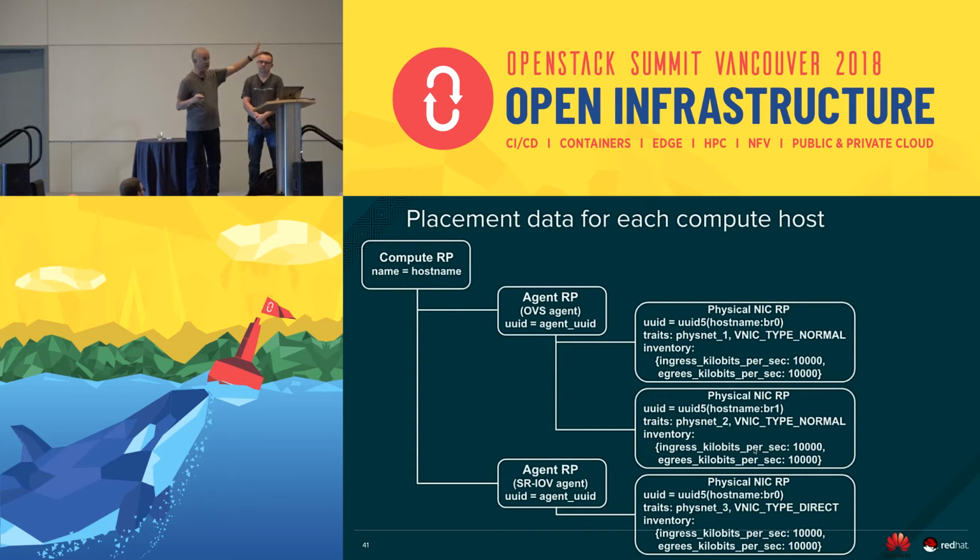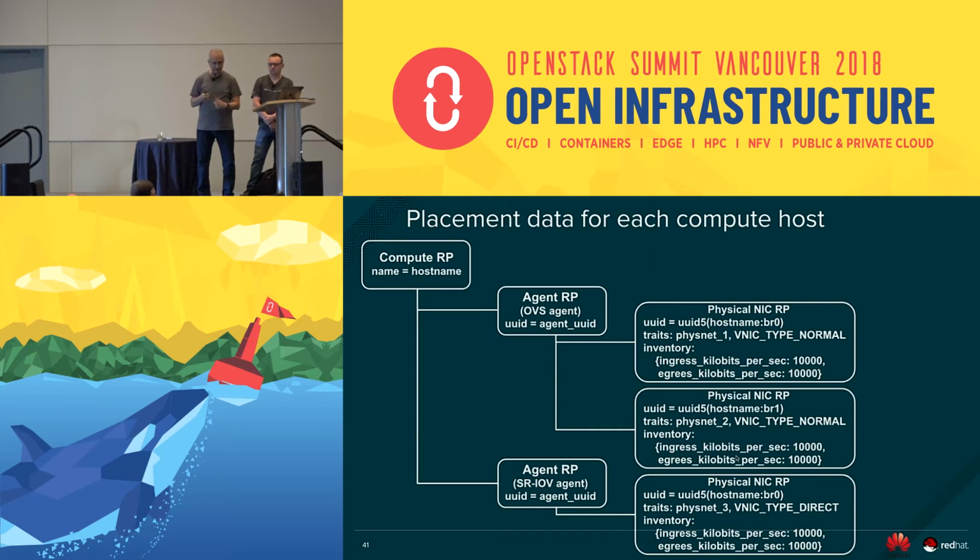Placement always does that, because that's the root of the tree where you can add more resource providers associated to that compute host. In our case, we're going to create a resource provider for each agent, for each backend running in that compute host. That's going to be the second level.